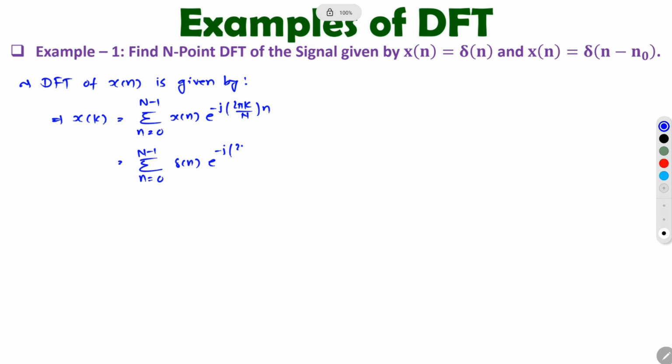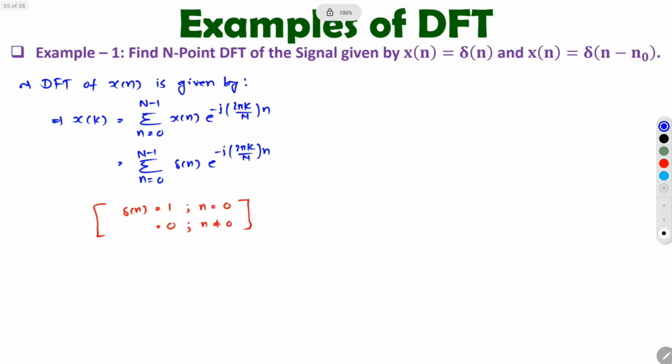Now let me explain what delta of n is, and based on that one can understand the solution. One should know delta of n equals 1 provided small n equals 0, and that will be 0 if n is not equal to 0. So if you substitute that in this summation, we have only one value, that is 1 for n equals 0.